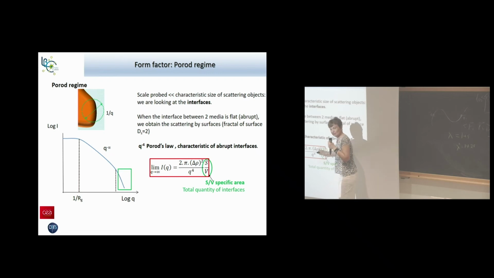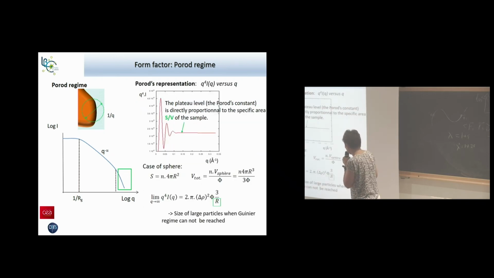I get only, for the moment, the specific area of the sample. These are known values. This 2 pi is 2 pi. So the total surface of interface in my sample, and now I enter the detail. Assume that my particle is a sphere.